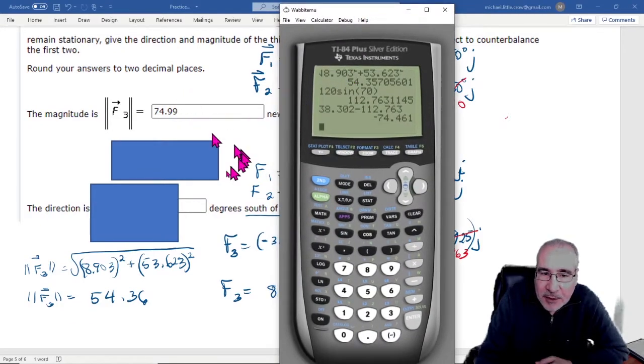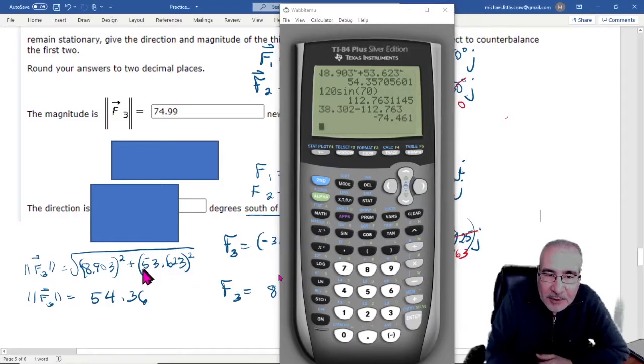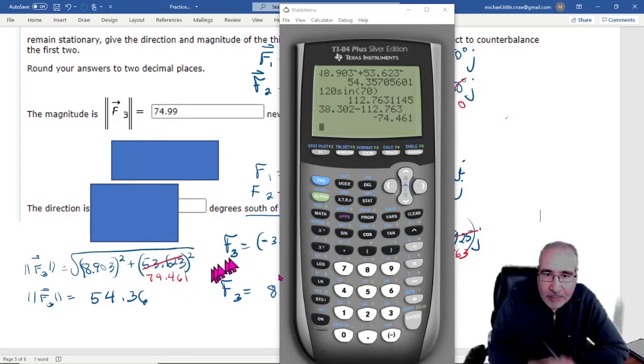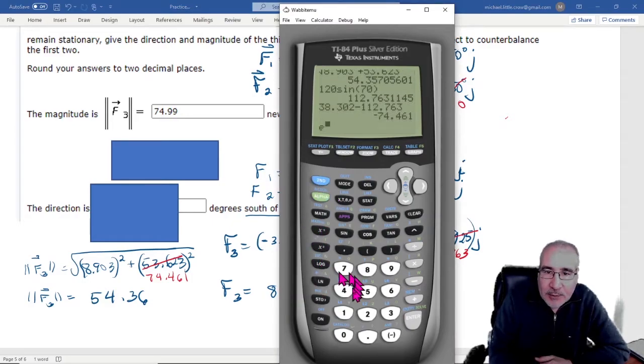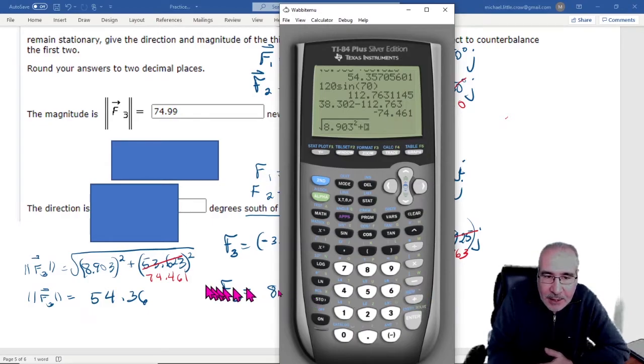Actually, it ends up being close to that, right? So we come in, we're going to correct this. We're going to make this 74.461 squared. And let's see how that works. So square root, let's clear that. Square root is this one. Square root 8.903 squared, and then plus, and again, I know this number is negative, but when you square it, the result's positive.